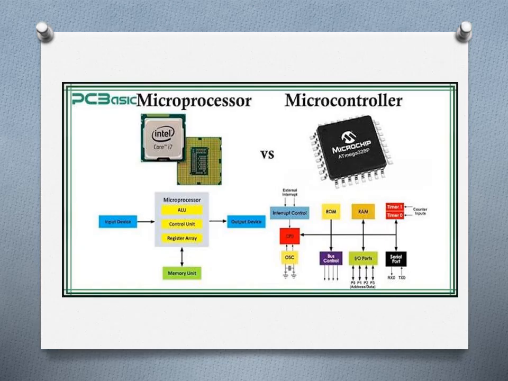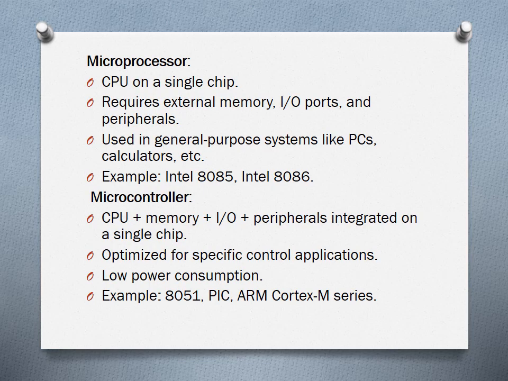Whereas in the case of a microcontroller, you have a CPU, interrupt control, RAM, read-only memory, timer, serial communication, ADC, and pulse width modulators. All of these are inside a single chip. That's the main important point. Whereas in the case of a microprocessor, only what is in the gray box is inside the chip.